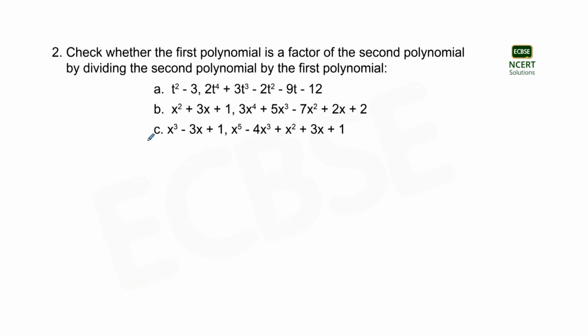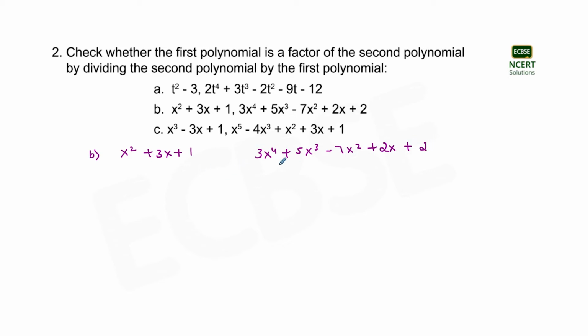Now coming to the B part, here the first polynomial, that is the divisor, is x square plus 3x plus 1, and the dividend is 3x raised to power 4 plus 5x raised to power 3 minus 7x square plus 2x plus 2.